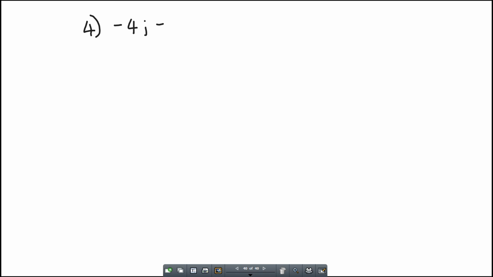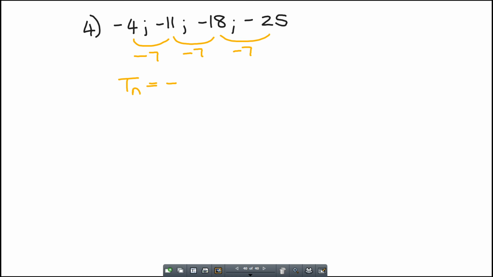Minus 4, minus 11, minus 18, and minus 25. Okay, so what we were doing here throughout was what? We subtracted 7 every time. So that's how I knew it would be term n is equal to minus 7n, but the rest we don't know yet. So let's go substitute. Term 1 will then be minus 7 times 1.